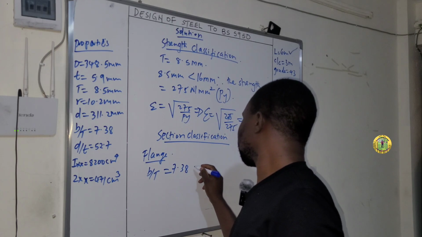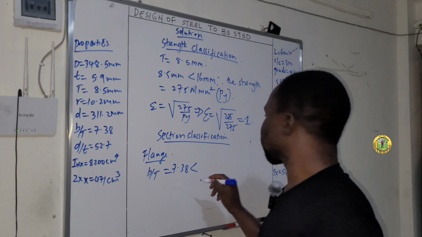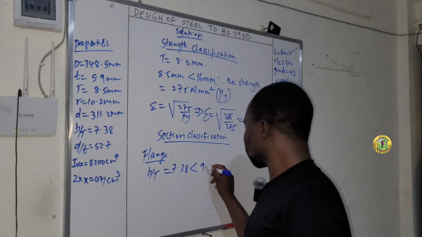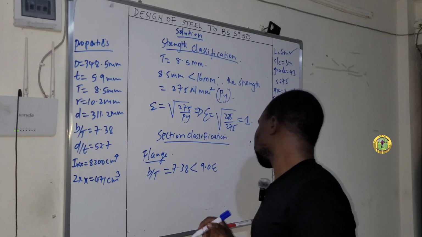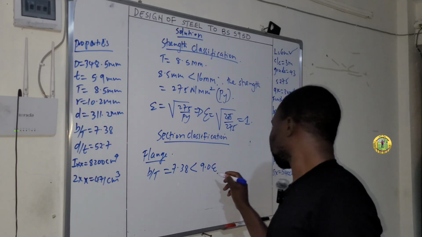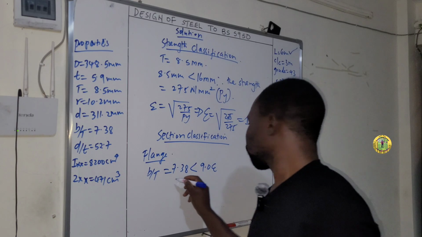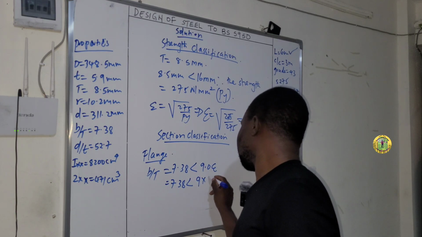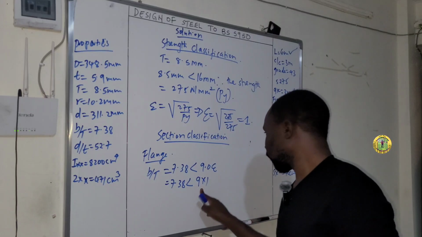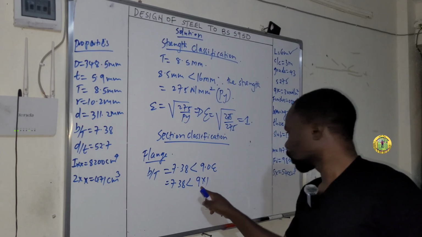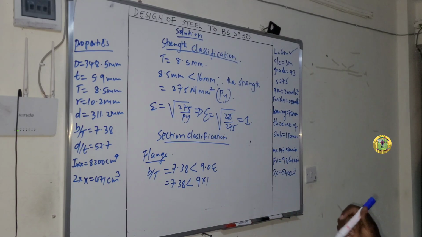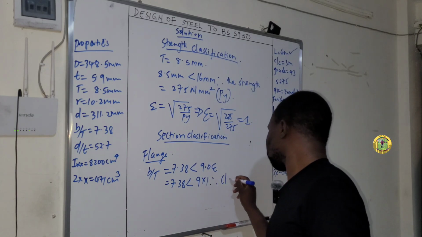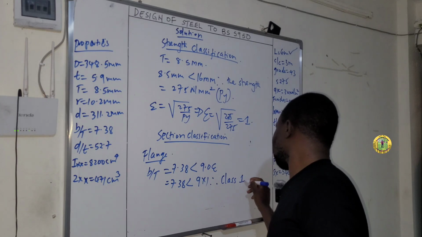And this one is less, from the table, than 9ε, whereby this one will be 7.38 less than 9 times 1. It will remain 9 because 9 times 1 is 9. You will say therefore, flange is class 1 plastic.